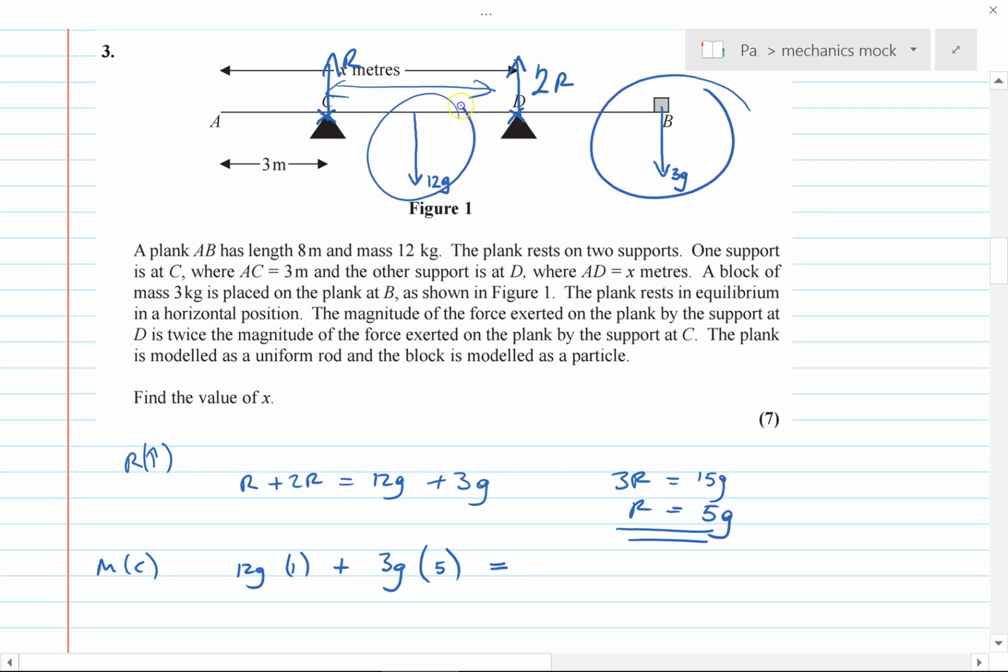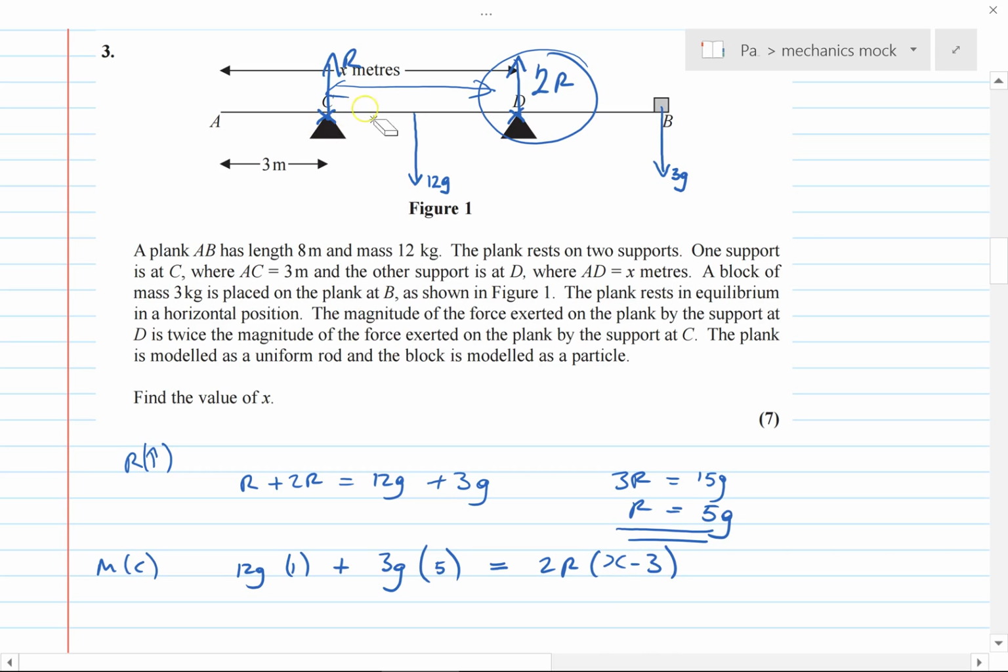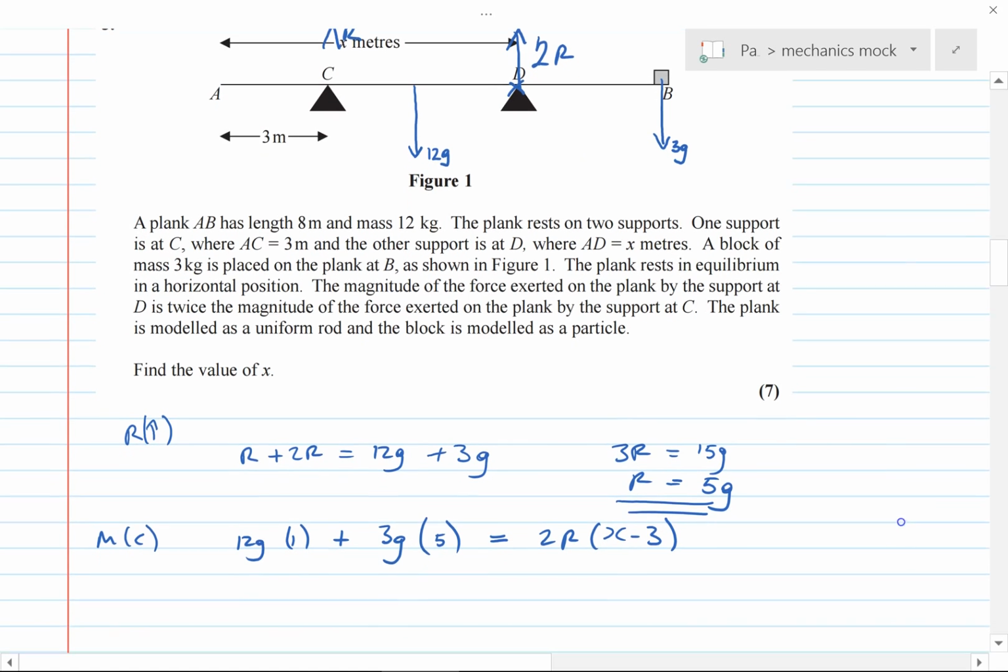That's because both of these forces here are going clockwise about C. And then that equals the moment of this force, which is 2R times x minus 3. Okay, and it'll come out from that.